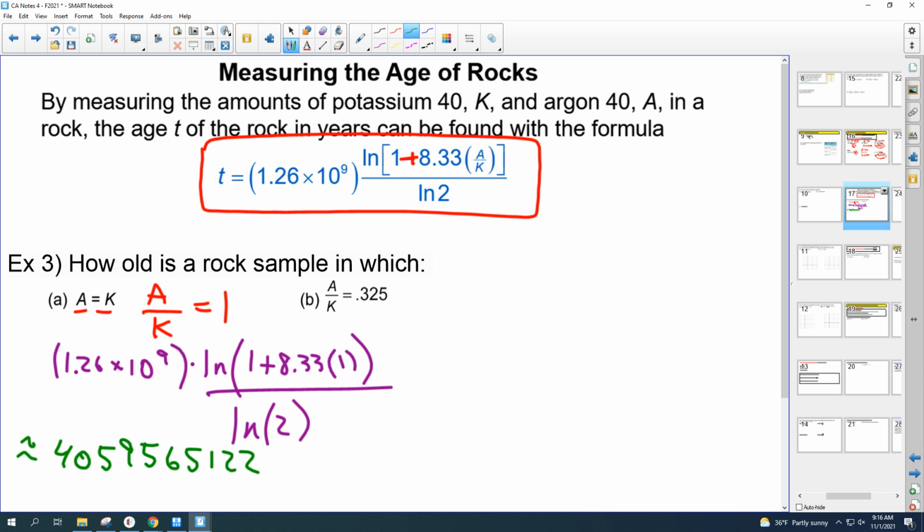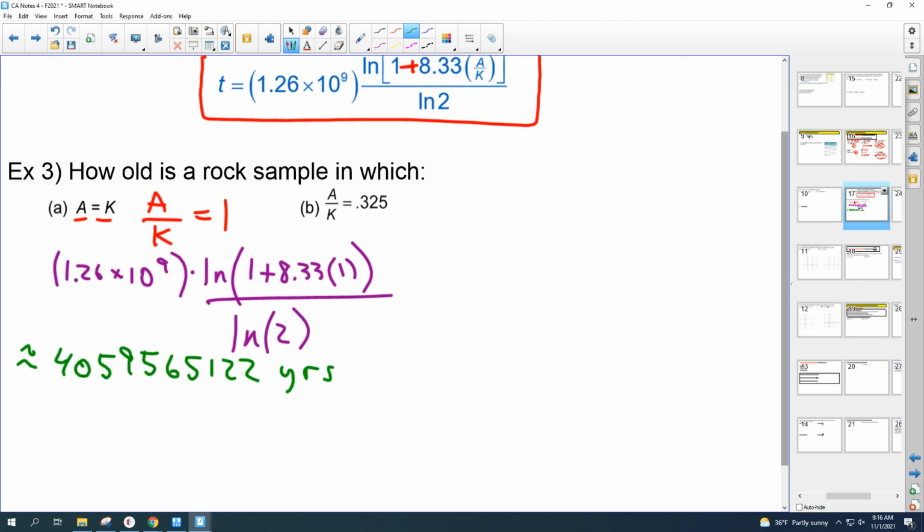So it's about that many years. I would recommend you look at the number and try to make it make sense. That's million, billion. That's 4 billion. That's about 4.06 billion years.